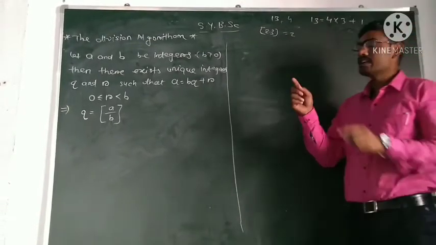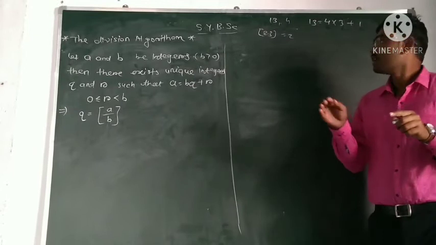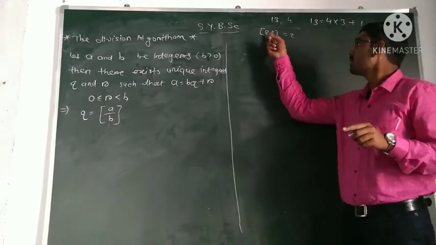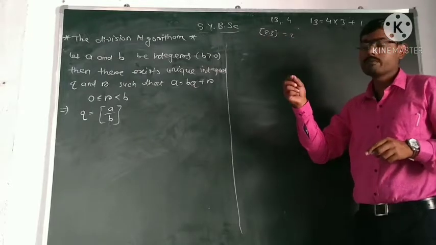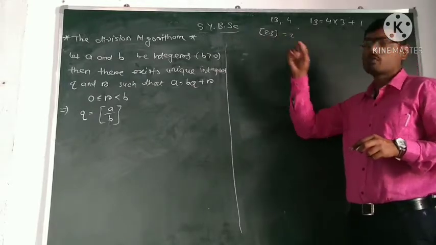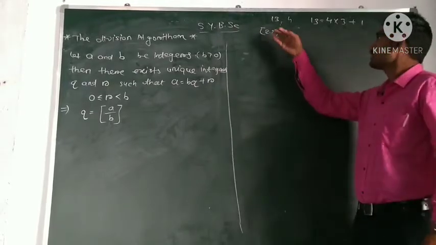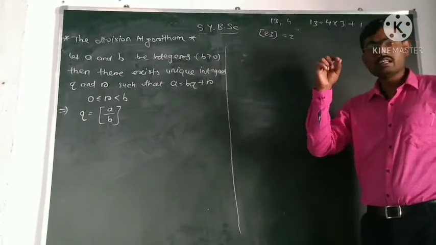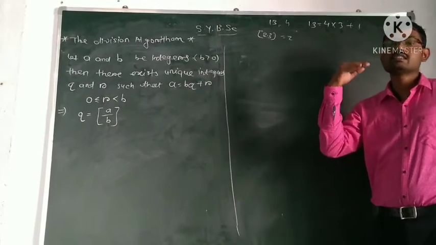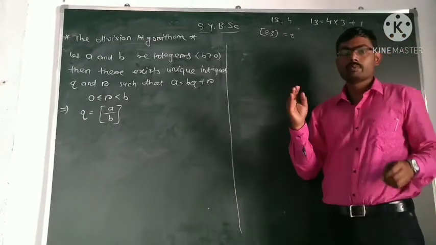The greatest integer function means, for 2.3, which is not an integer, the greatest integer less than or equal to 2.3.